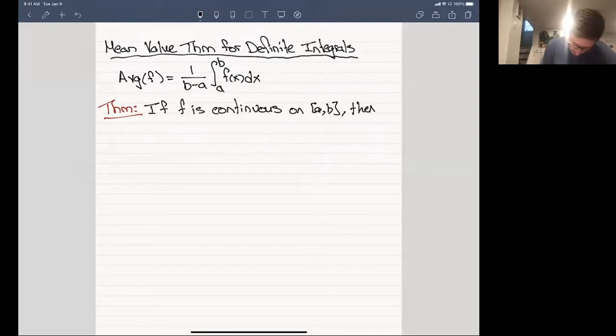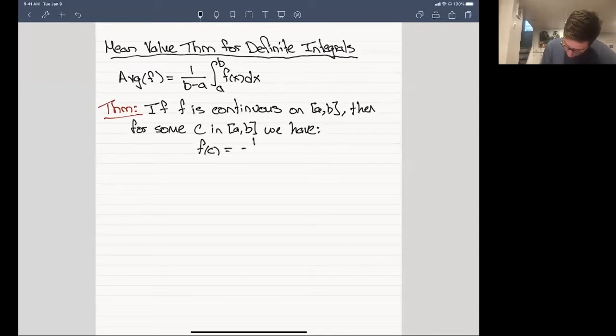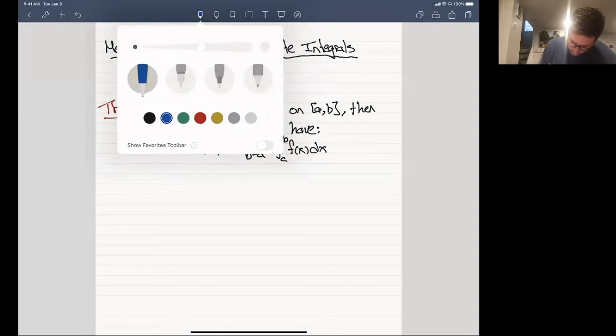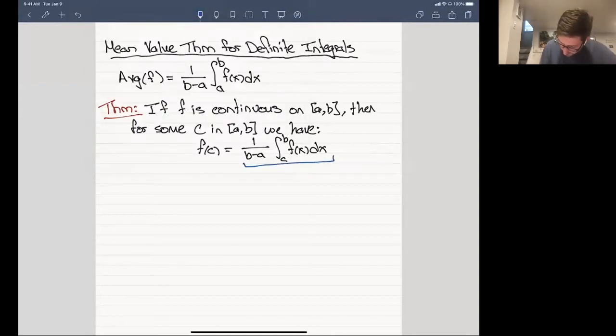Then for some point c in the interval, we have f of c is equal to the average value of f. Right? So if you just track what I have written, this right-hand side is just the average value of f.